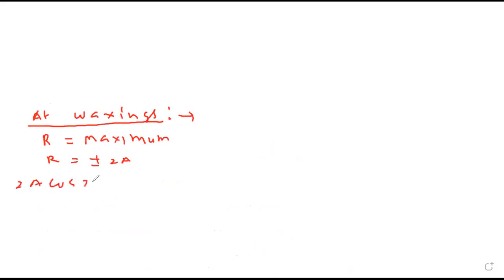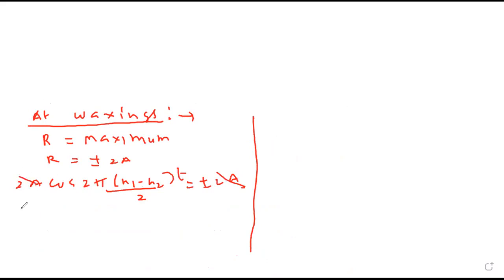So 2a cos 2 pi (n1 minus n2) t upon 2 is plus or minus 2a. Both sides 2a I can cancel. So cos of 2 pi (n1 minus n2) t upon 2 is plus or minus 1.